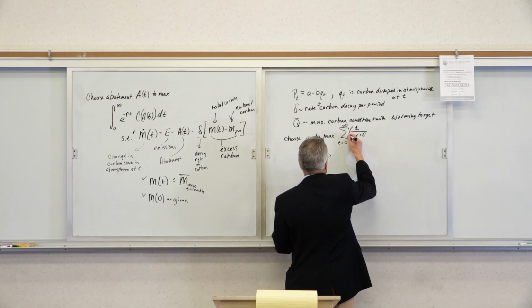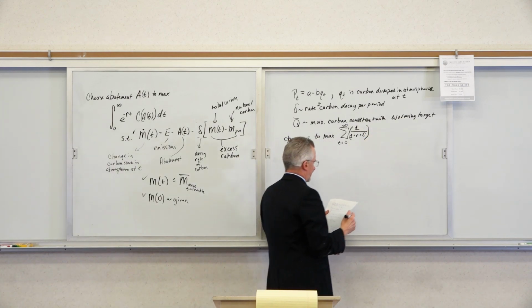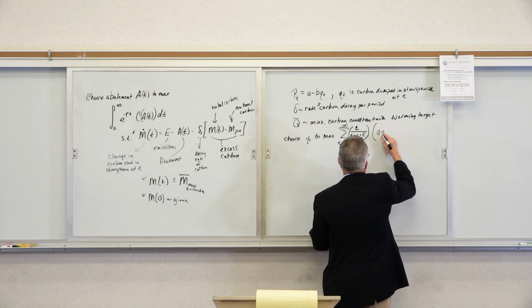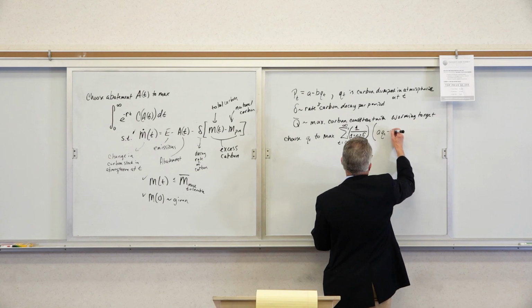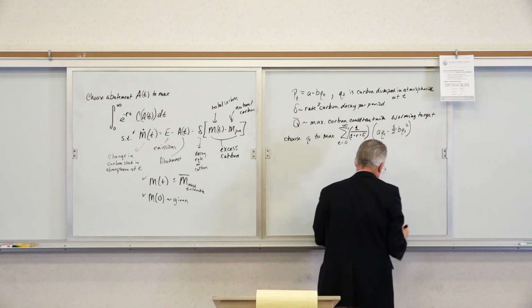I'm going to put that carbon decay in there. And then I simply have my usual total benefit, a Q_t minus 1/2 b Q_t squared. Okay, great.